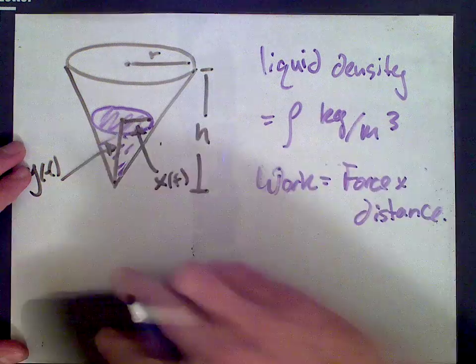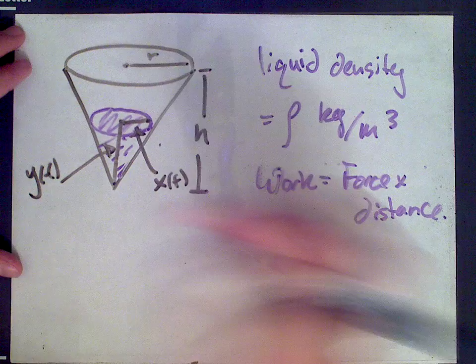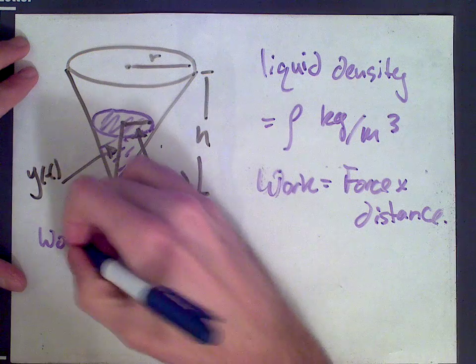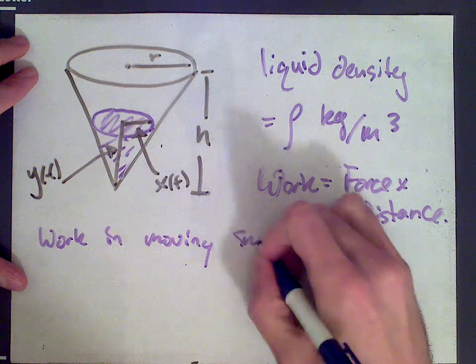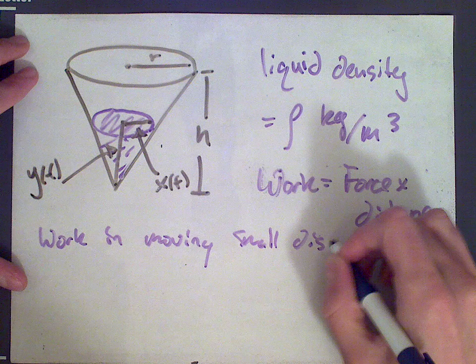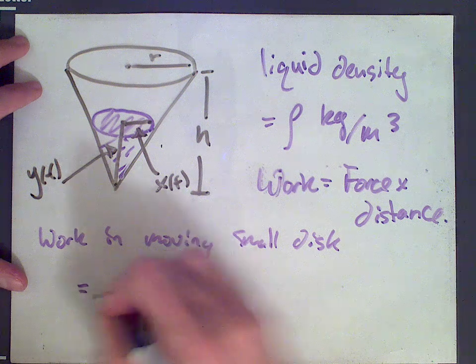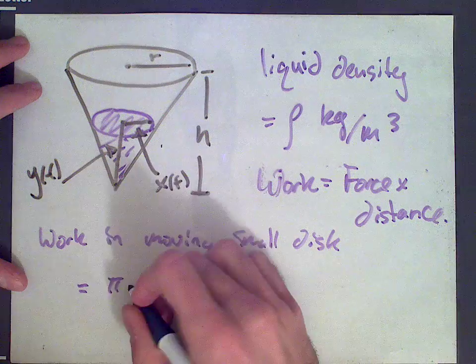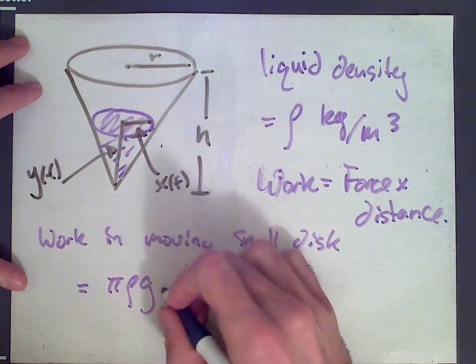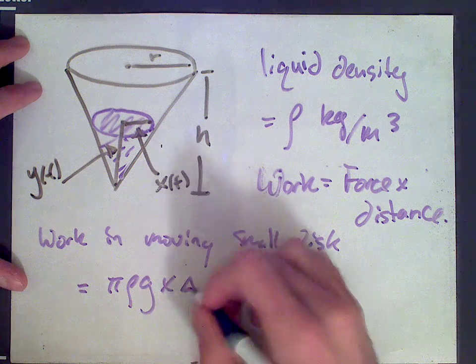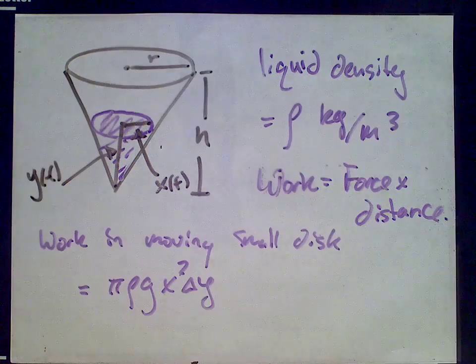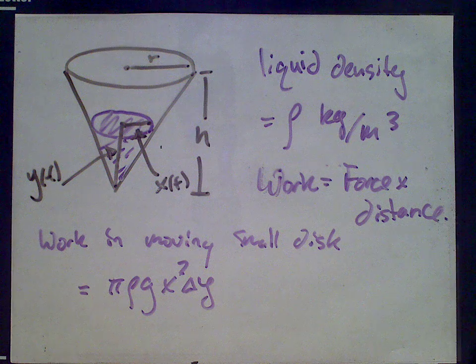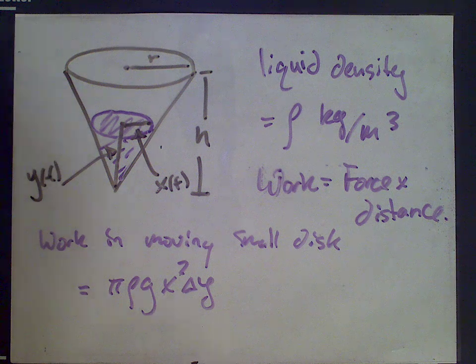So the work in moving a small disk equals pi rho g x squared delta y. We want to add up all these small disks, which is the same as integrating.